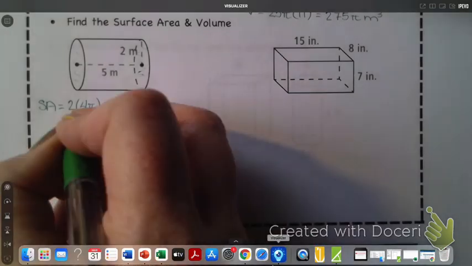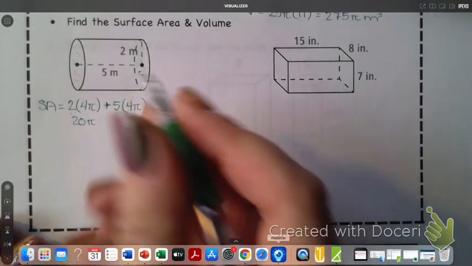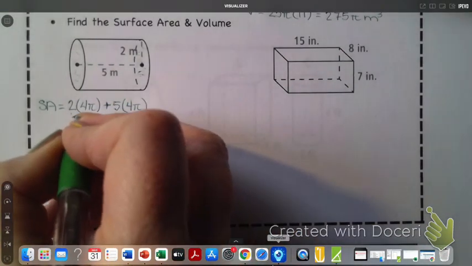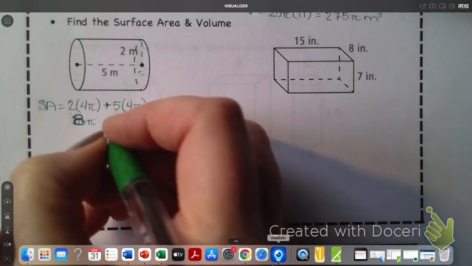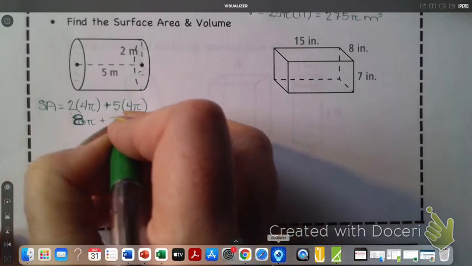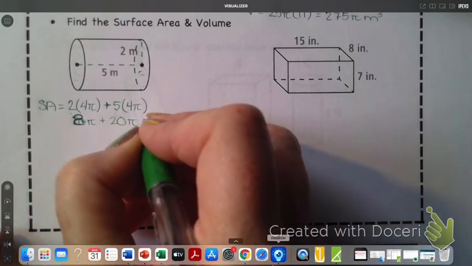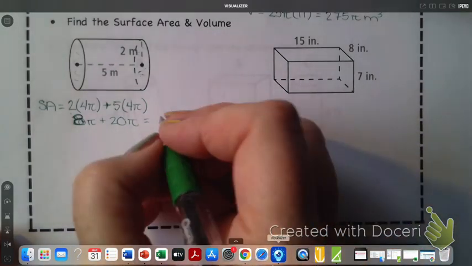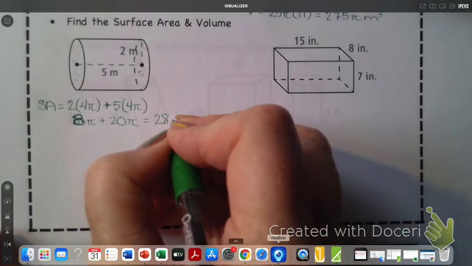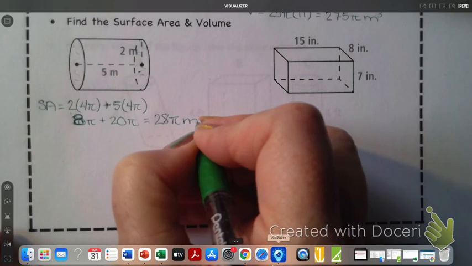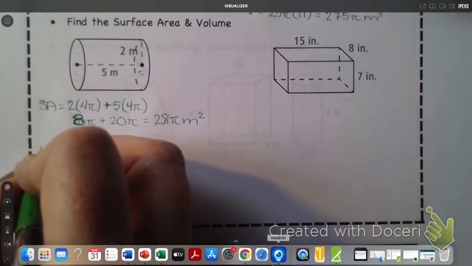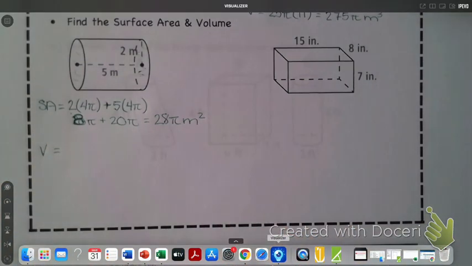Okay, so I have 20 pi. No, I've got 8 pi, plus 20 pi. My brain was skipping. So I have how many pi's, Ainsley? 28 pi. 28 pi what? Meters squared. Meters squared.